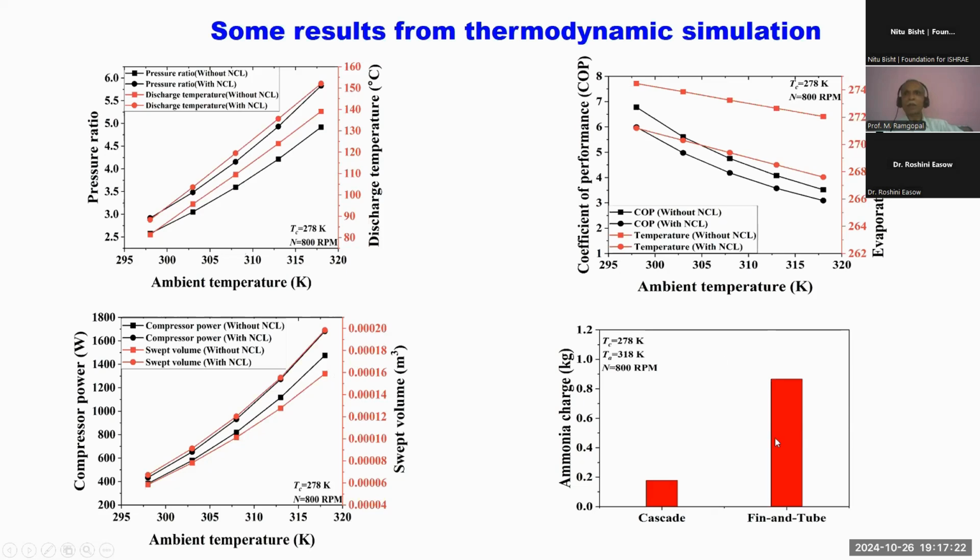But the advantage is that if I'm using a conventional system, my ammonia mass is about 0.9 kg in the evaporator. The total mass is this plus condenser and all that. But if I'm using this cascade system, the mass is reduced from 0.9 kg to about 0.2 kg. So there is a great reduction in the amount of ammonia used. This is the major benefit.